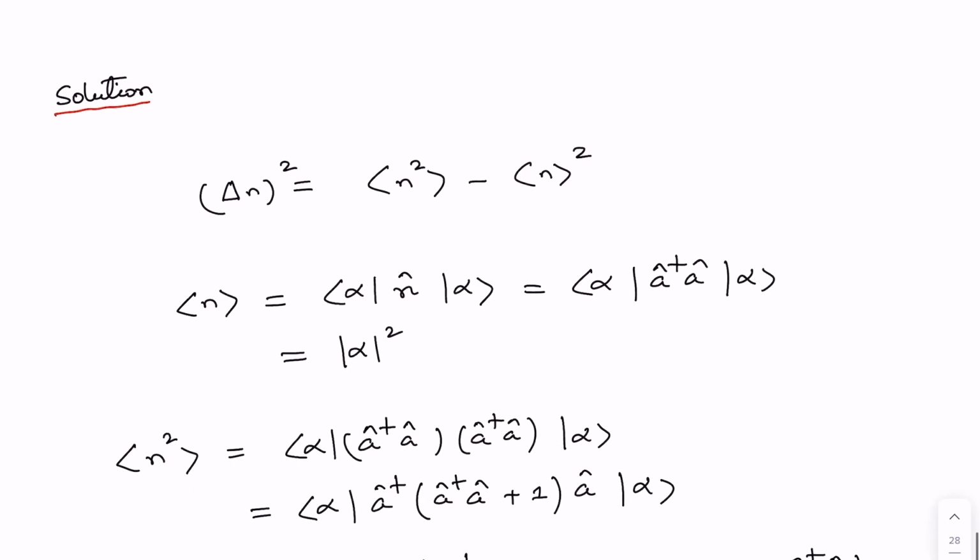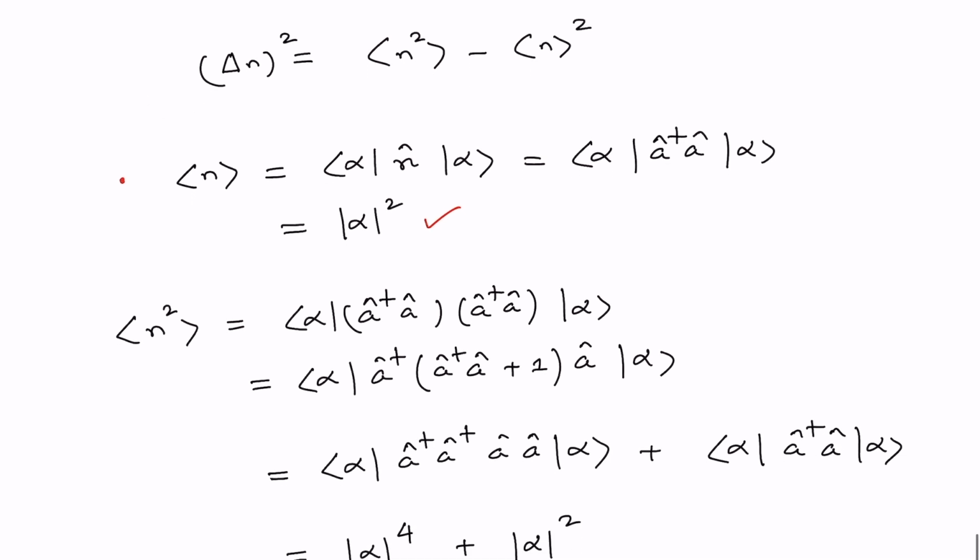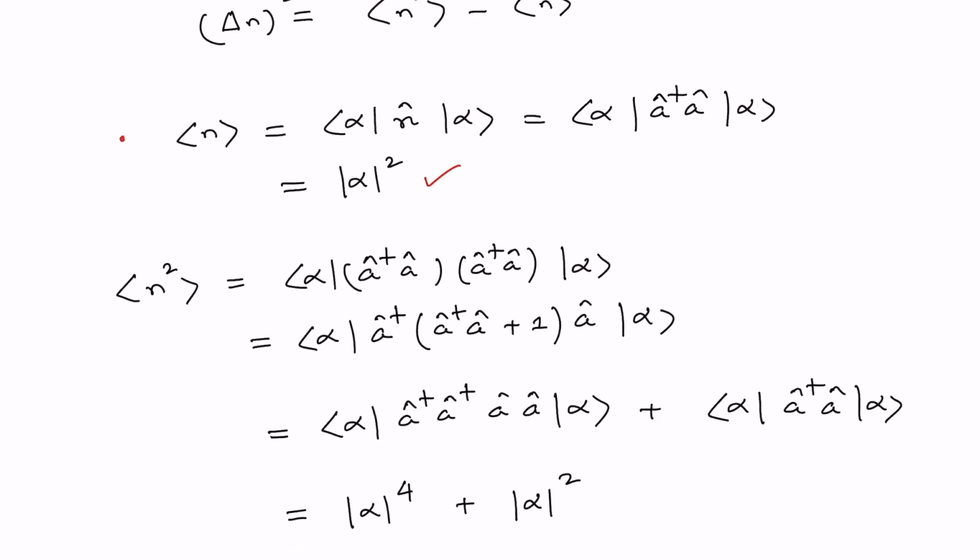You see, the average number of photons, or mean number of photons, in the coherent state can be worked out by calculating the expectation value of the number operator in the coherent state. This I think we have done in the class also. That's going to simply give you mod alpha square, right? And n square you can calculate. Here you have to find out the expectation value of the number operator squared, a dagger a, with respect to the coherent state.